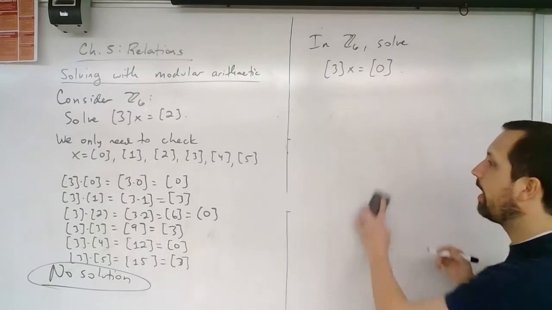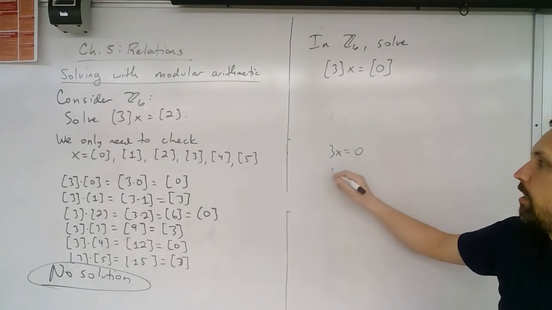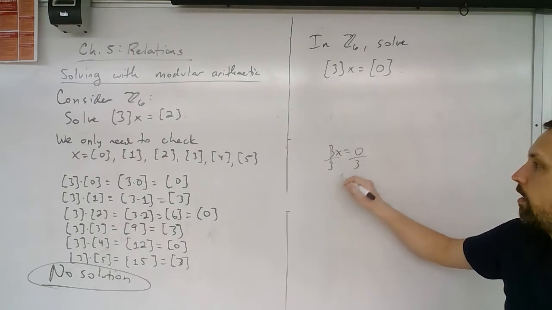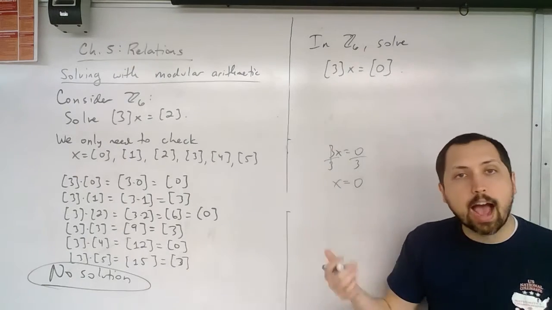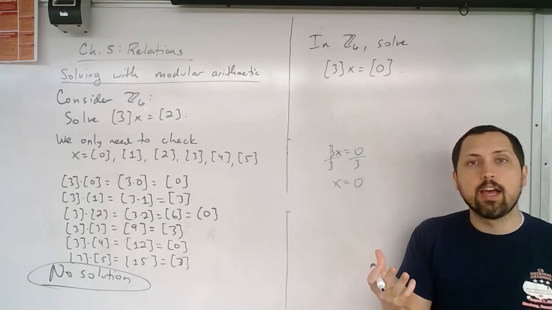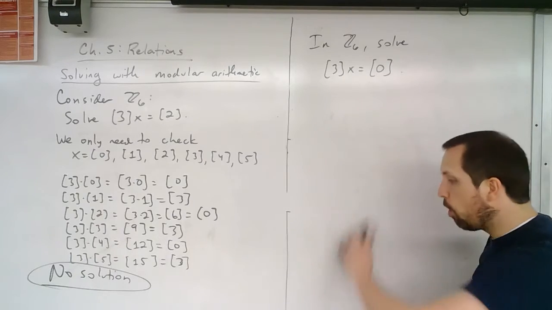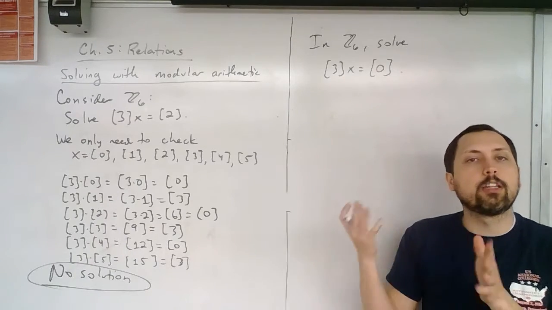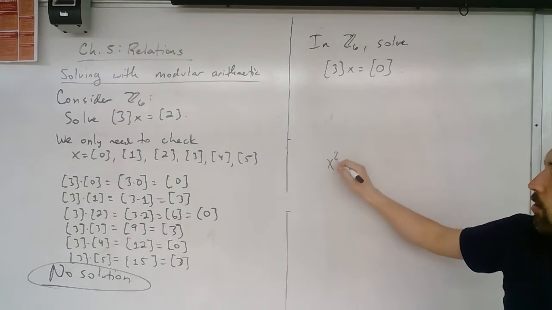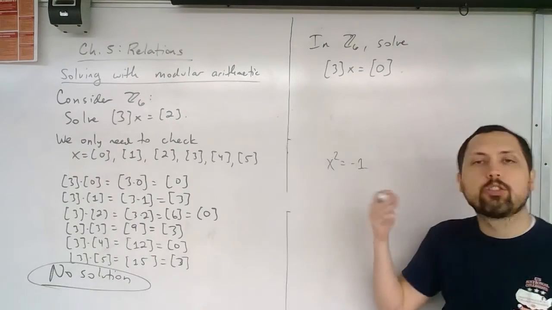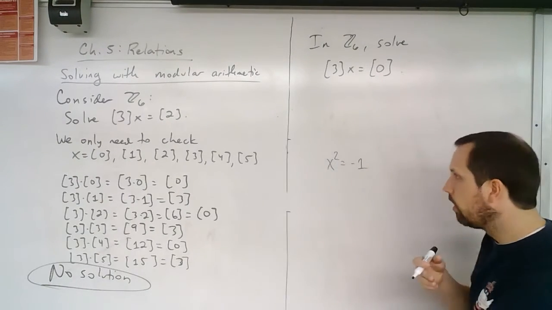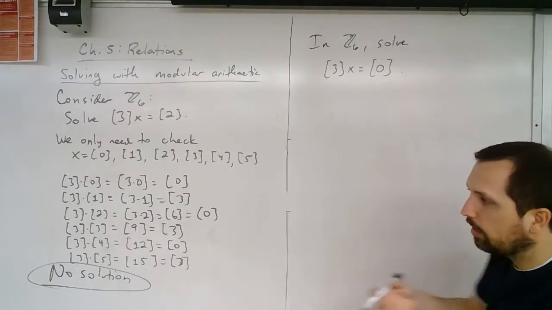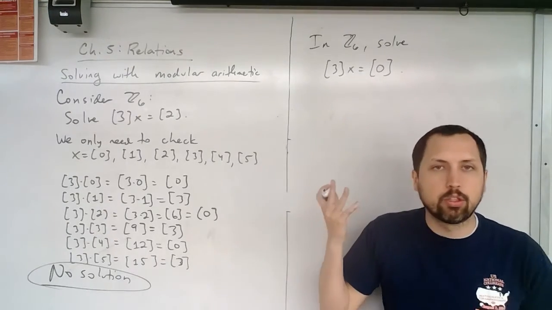If I was to say 3x is equal to 0, I divide by 3, x is equal to 0. I get these single solutions. Now, sometimes you might get no solutions. If you're dealing with just real numbers, like x squared is equal to -1, you get no solutions. So that's fine. Maybe it isn't that weird to have no solution.